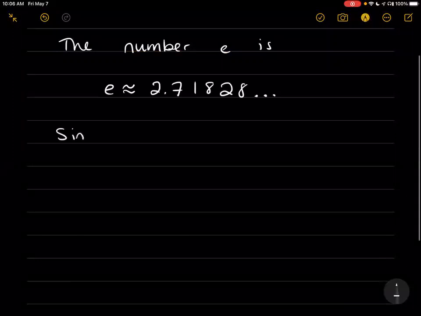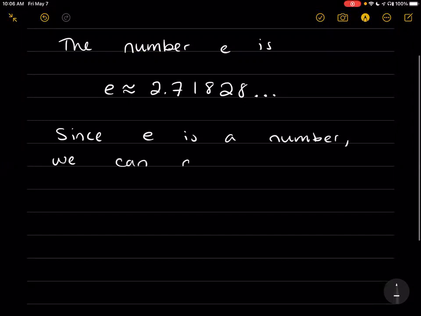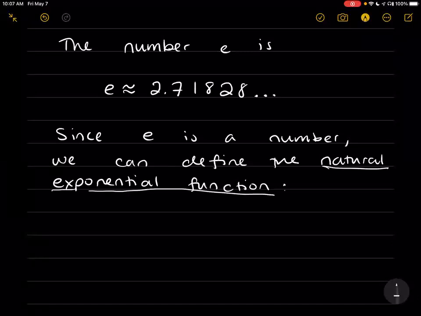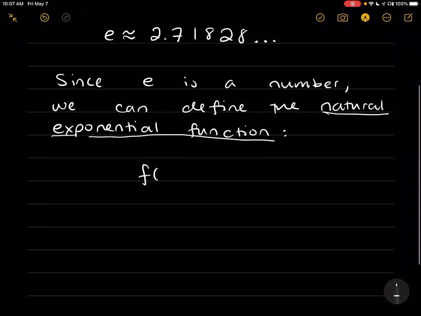So, the way this function is defined is as you would probably expect. It's just f of x is equal to e to the x.